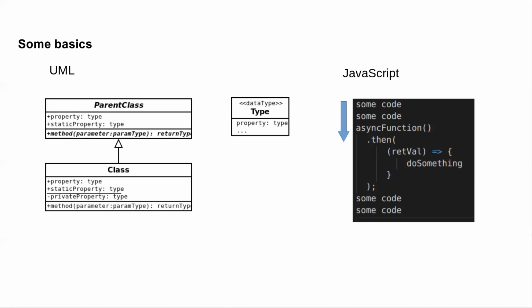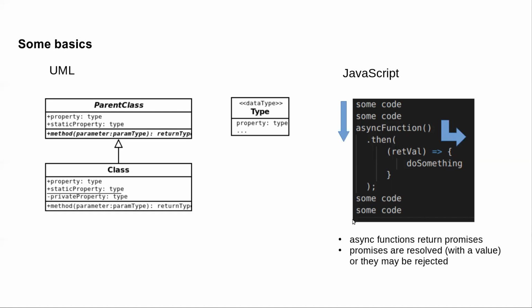In JavaScript, asynchronous functions return promises, and these promises are resolved with a value. Say I am an asynchronous function. I return a promise which has not finished, which doesn't have a return value yet, but when the function finishes running, the promise resolves to the returned value.